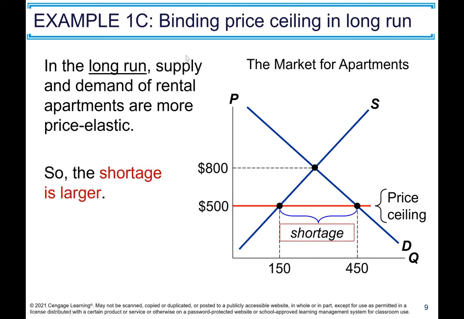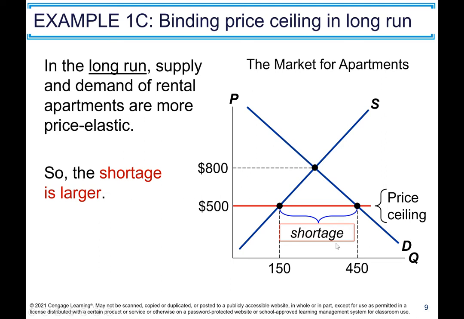What about a binding price ceiling in the long run? What effect does it have on the market in the long run? In the long run, the supply and demand of rental apartments are more price elastic, so the shortage gets larger.